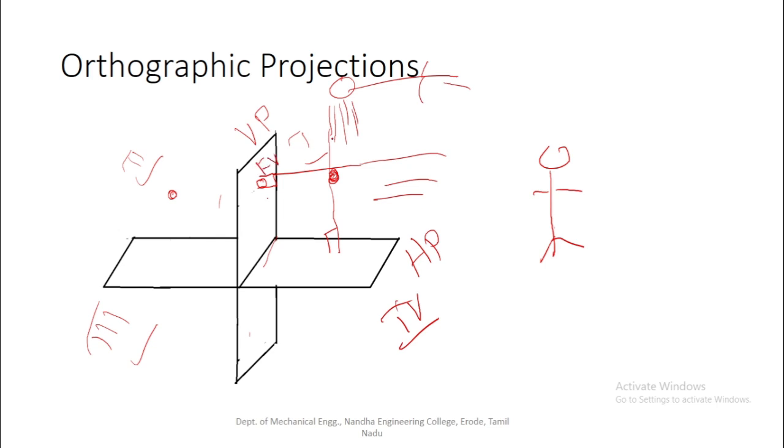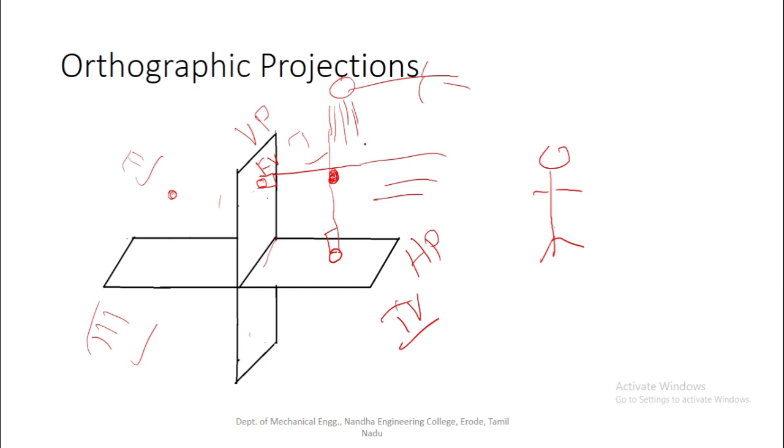Similarly, to draw the top view of this object, the observer's position is here. The rays coming out from the observer's eyes are parallel to each other and perpendicular to the HP. Then its corresponding projection falls on the horizontal plane.